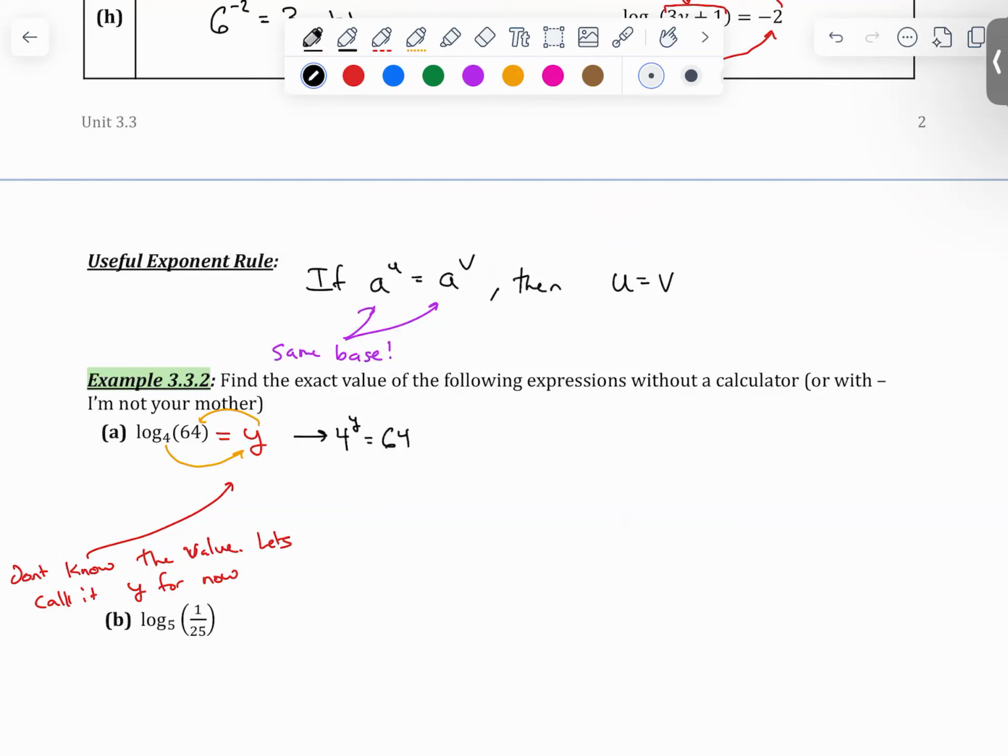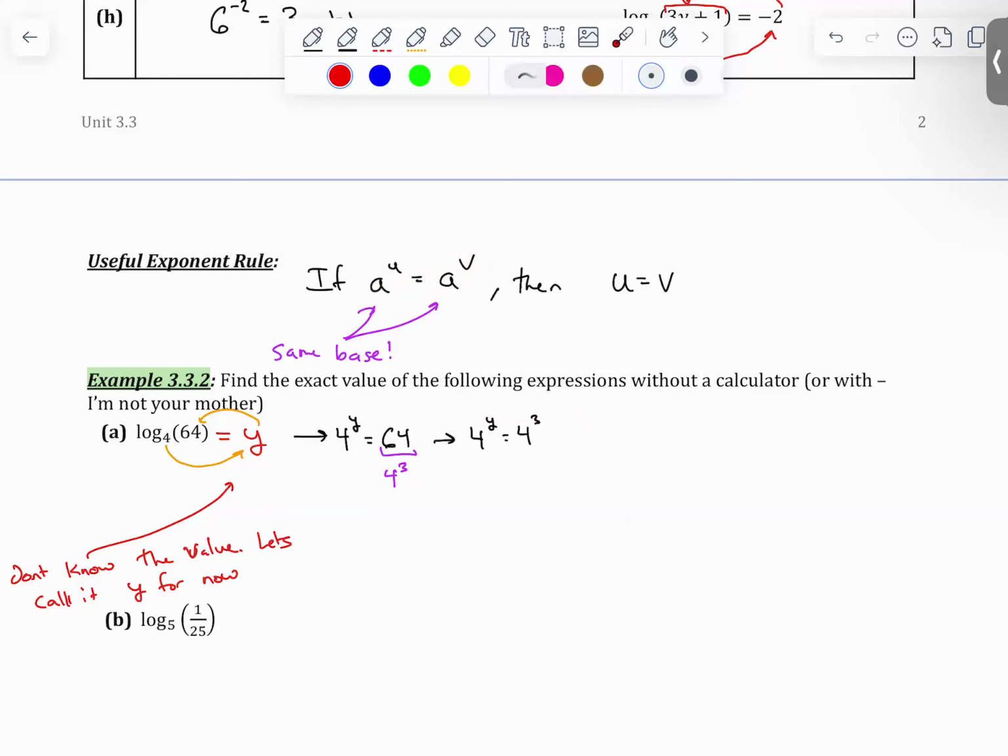Now, if you know your powers pretty well, you might notice that 64 is 4 cubed. And so what we have is 4 to the y is equal to 4 to the third. And if we see above, if you have two things with the same base equal to each other, then their exponents must be equal.